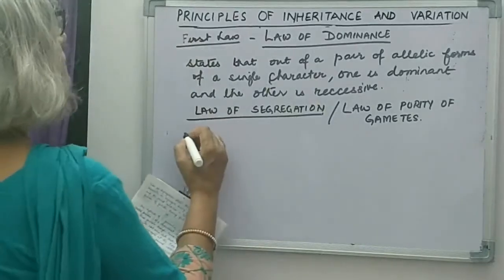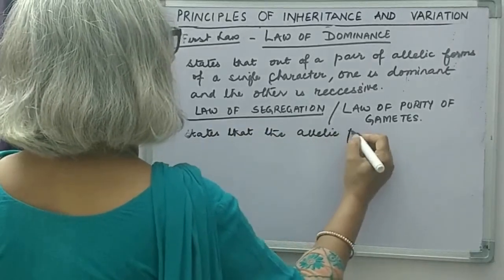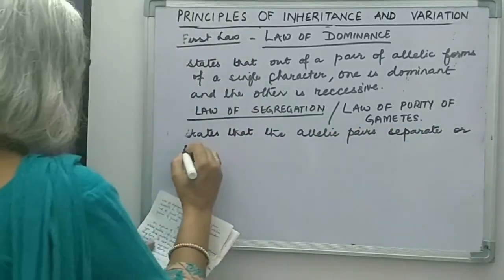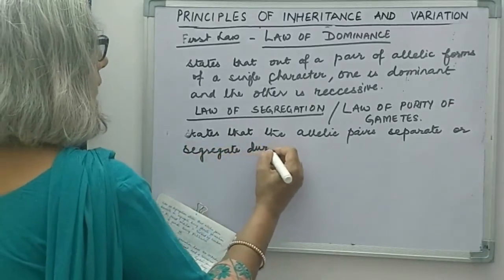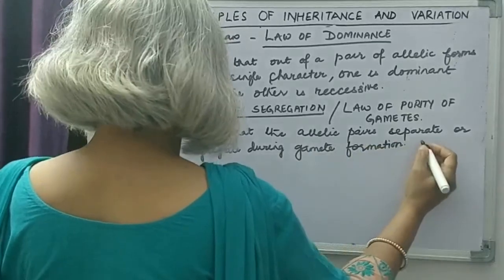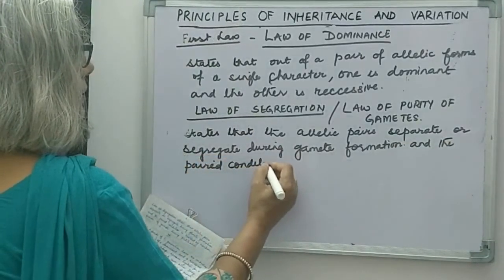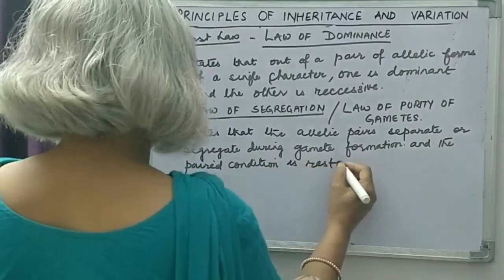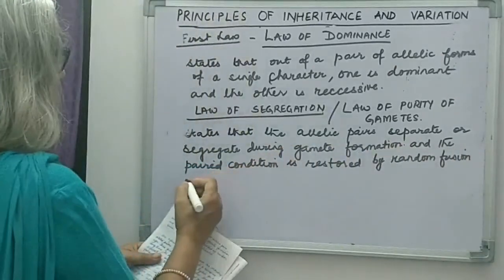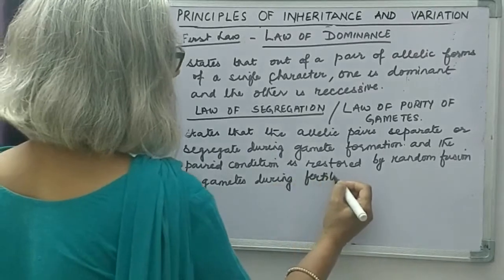It states that the allelic pairs separate or segregate during gamete formation and the paired condition is restored by random fusion of gametes during fertilization.